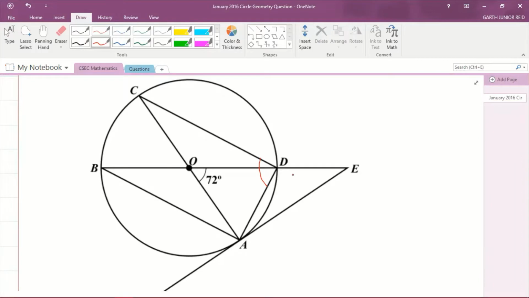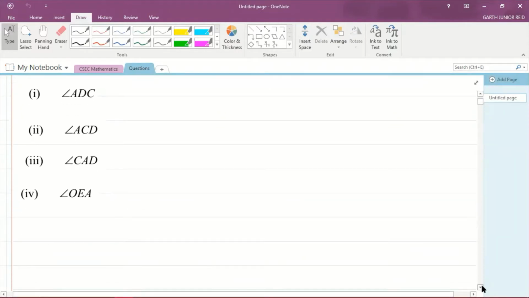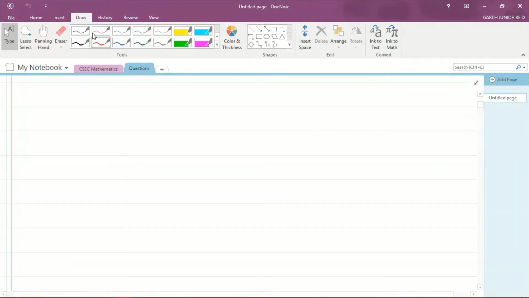Well, that angle there is actually 90 degrees. So I'm going to write my solution here. This is part 1, solution.